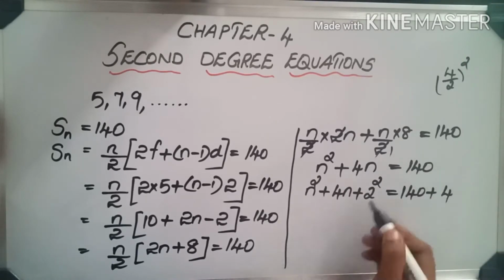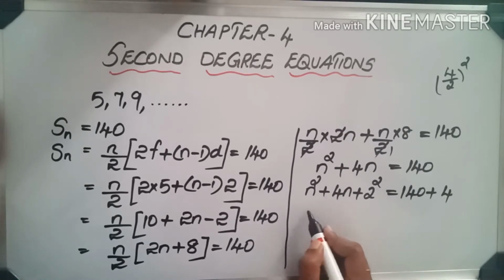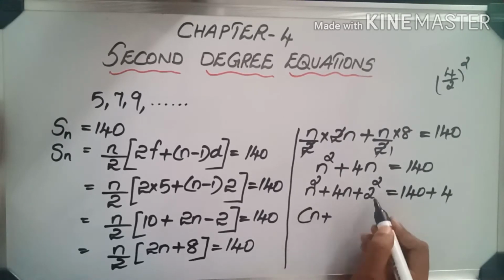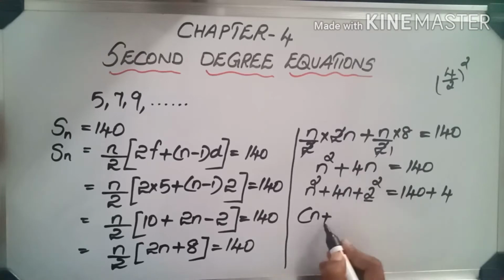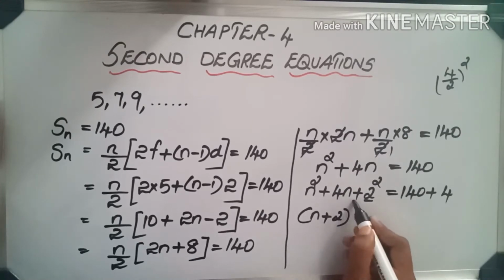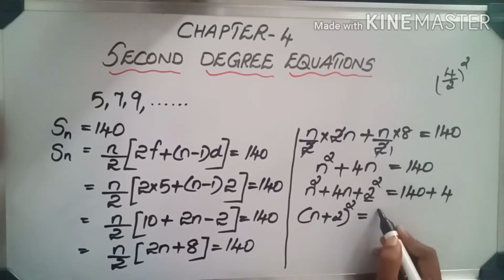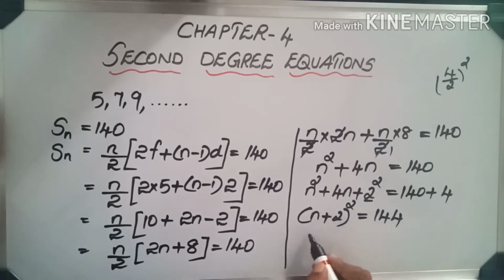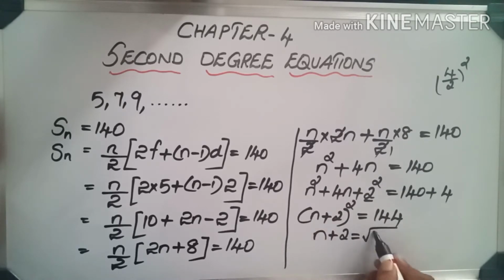Here we can directly add. Now the simplified form: n plus, what will be the number? We write 2 here. So (n plus 2) whole square equals 144. Now it is easy. Just take the square to this side. So n plus 2 equals root of 144. Root 144 is 12.